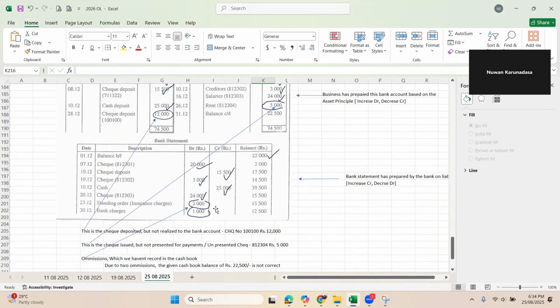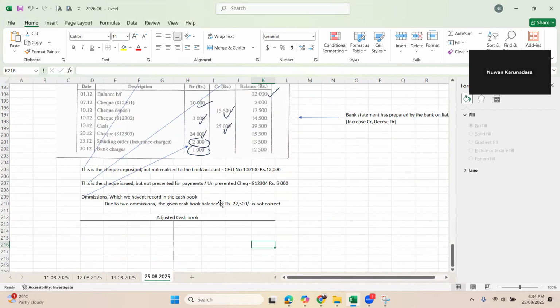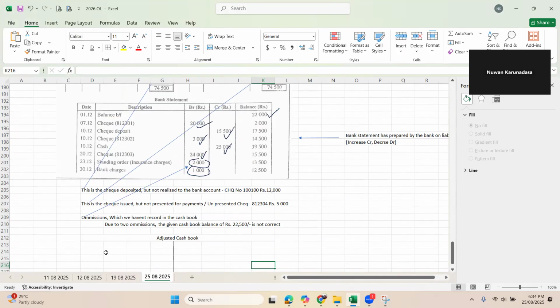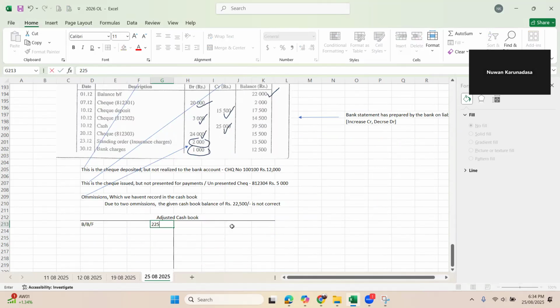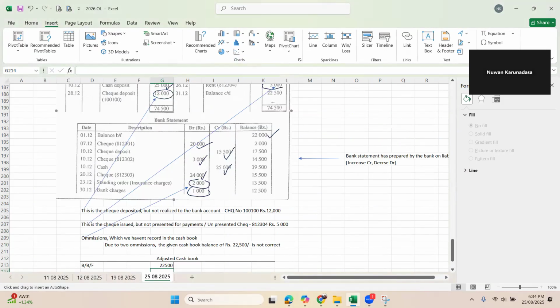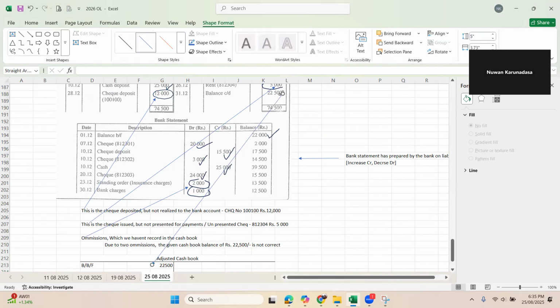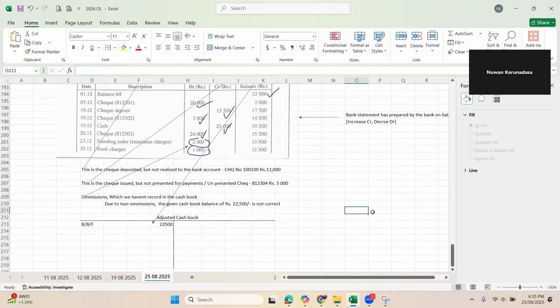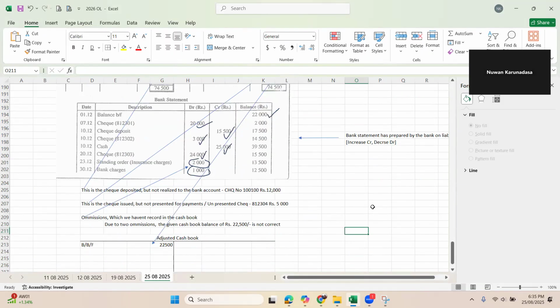Why is it wrong? They haven't recorded two transactions: the standing order payment of 2,000 and the bank charges of 1,000. Therefore, we must adjust the cash book. We start with the given balance, the balance brought forward, 22,500. We take this existing balance, which is not correct, and make adjustments.